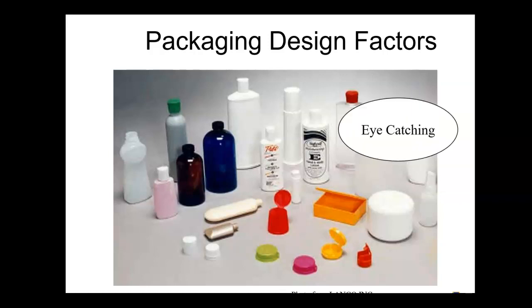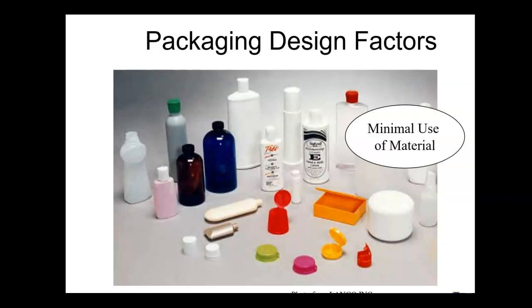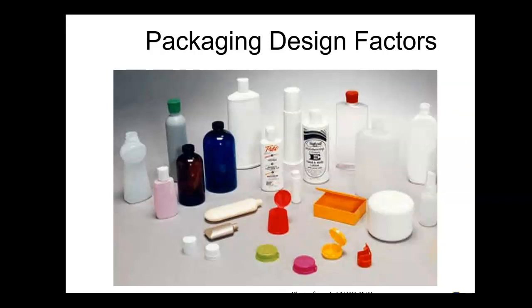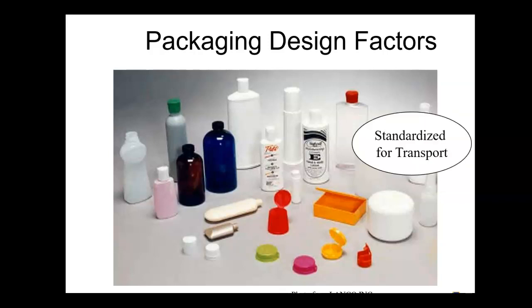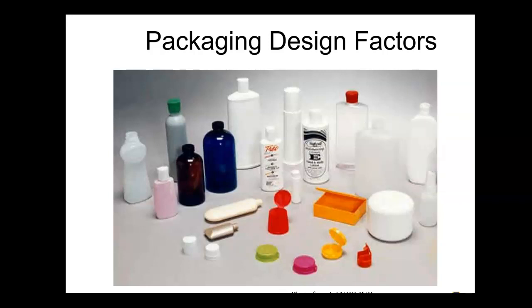It's got to be eye-catching. Again, a lot of people are turned off at the store at the point of purchase if there's something about the package they just don't like. We also want to look into the minimal use of materials, standardized for transport, product protection.